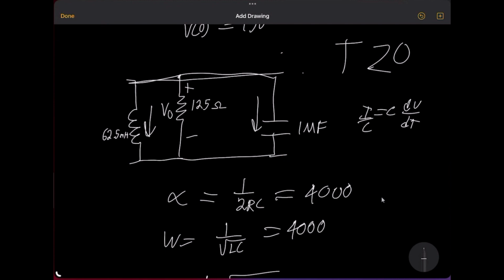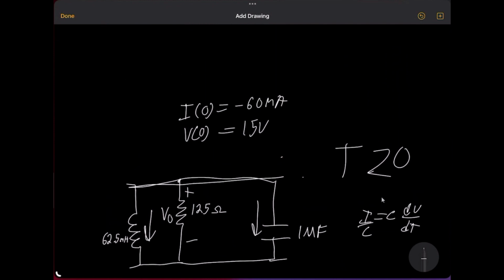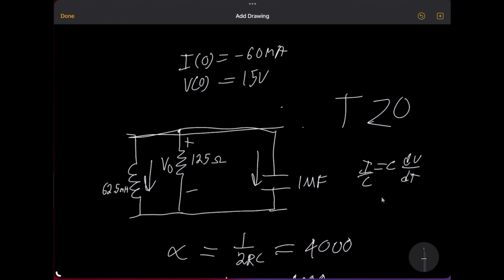And we know the initial current through that inductor is going to be negative 60 milliamps, and we know that voltage is 15. 15 divided by 125 is going to be the initial current through that resistor. Okay. 15 divided by 125, we get 0.12.